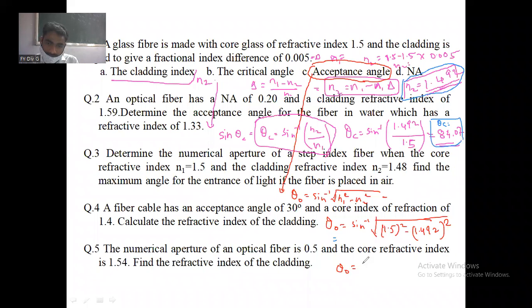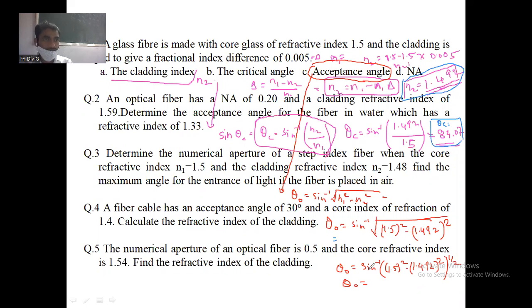Shall we write this equation like this? Sine inverse of the square root, 1.5 square minus 1.492 square, and the power of 1/2. See how much it comes? 8.61.